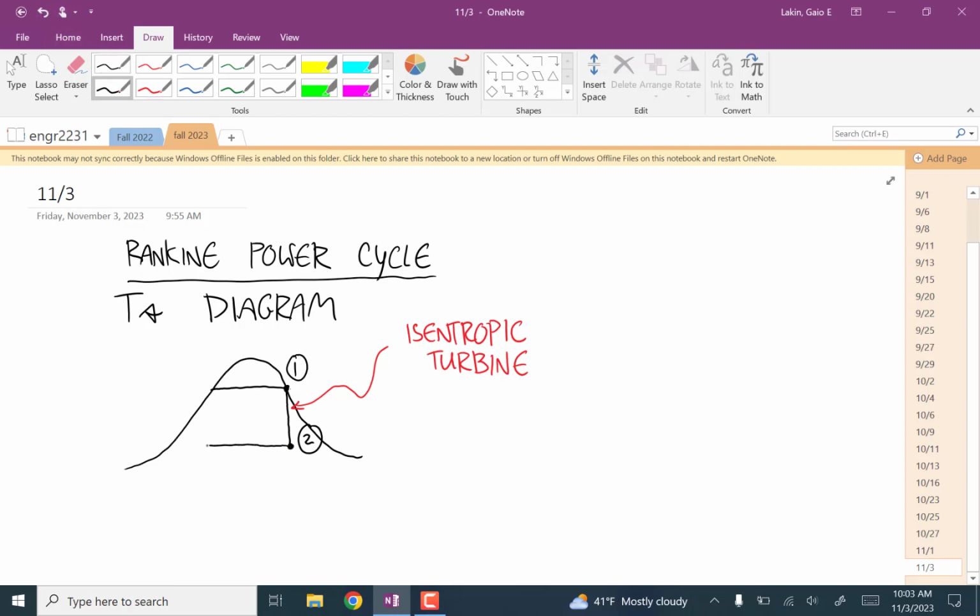And then it goes from 2 to 3. So this is state 3. This is the constant pressure, or another word for it is isobaric, condenser. So that's the process that takes it from a mix of liquid and vapor at state 2 to a saturated liquid.